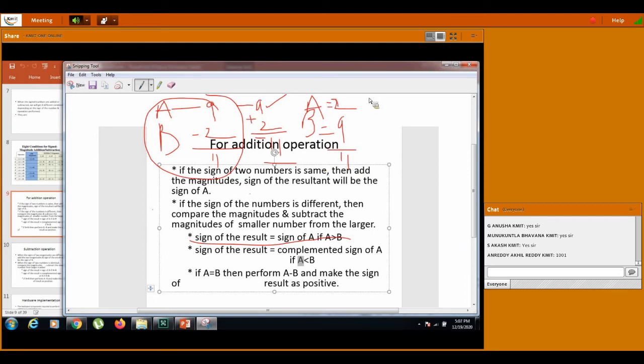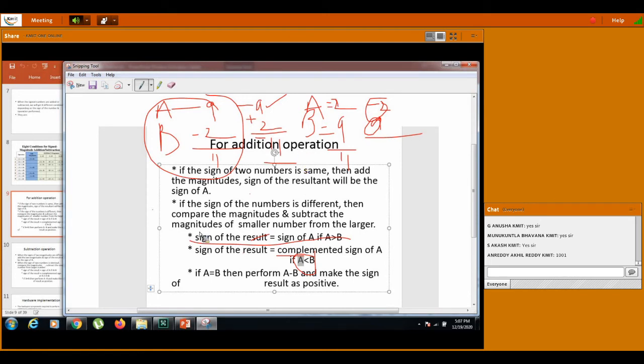But what happens if A is minus 2 and B is 9? See this, the sign is being complemented here. If A is less than B, yes, A is less than B, in such a case the sign will be complemented.